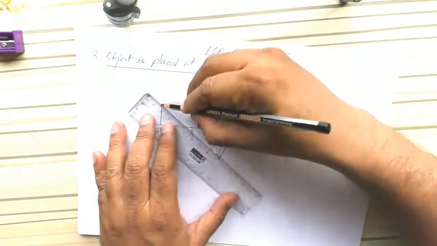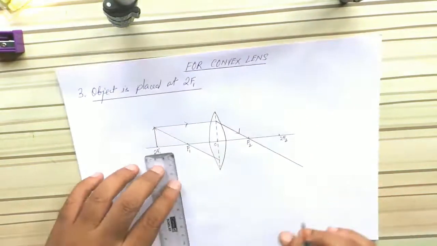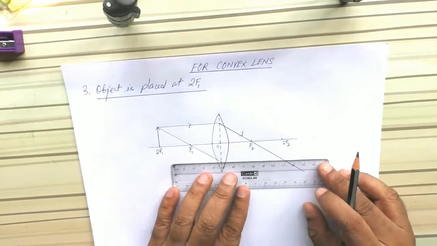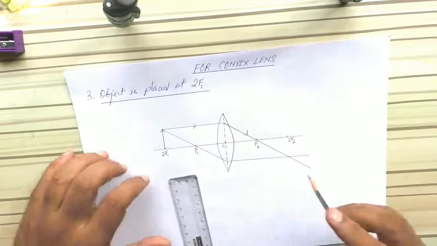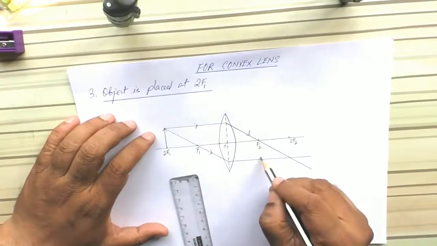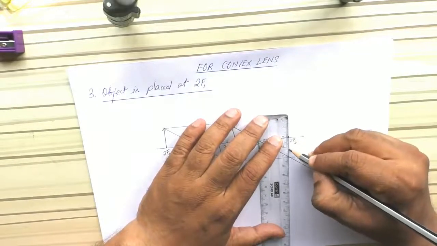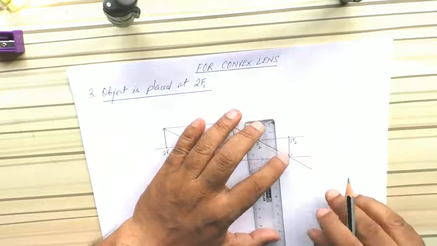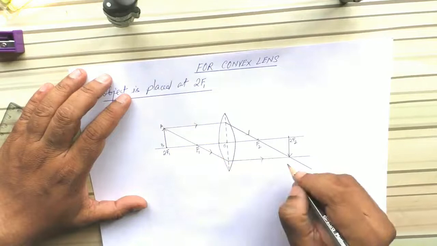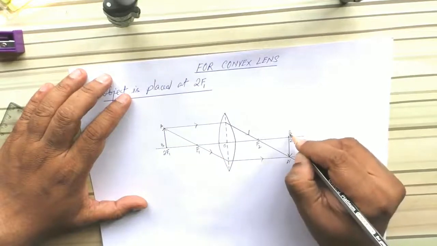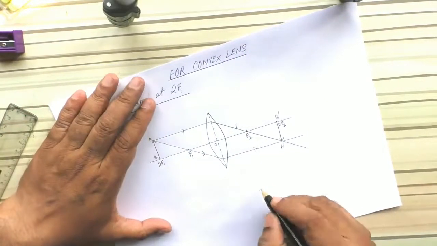If a ray of light incident after passing through focus, then it becomes parallel to the principal axis. Arrow marks are very important. You can see here that image is formed exactly at center of curvature. So if AB is the object, A dash B dash is the image.